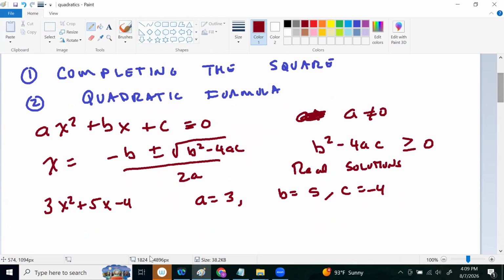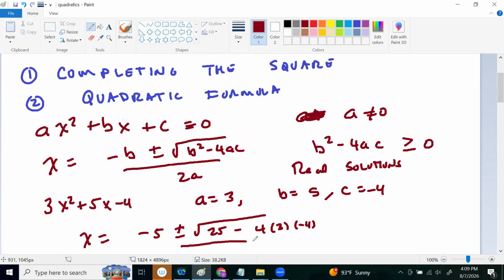So plugging into our quadratic formula, we know our x is going to be minus 5 plus or minus b squared, that's 25, minus 4 times 3 times minus 4, over 2 times 3. So 4 times 4 is 16. 16 times 3 is 48. So you add these two, and you get what? 73.